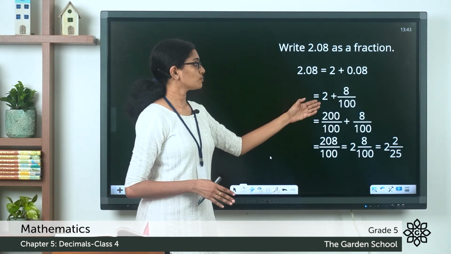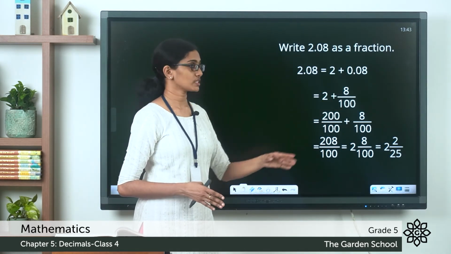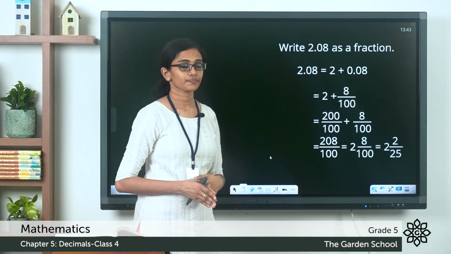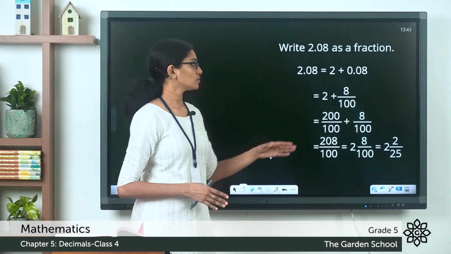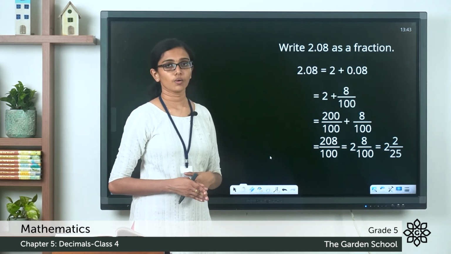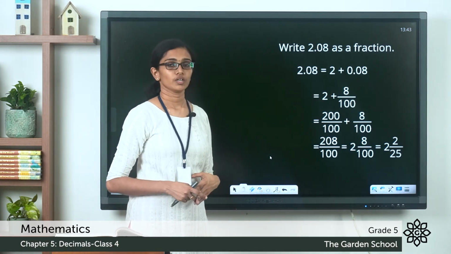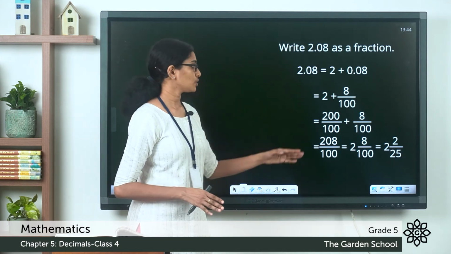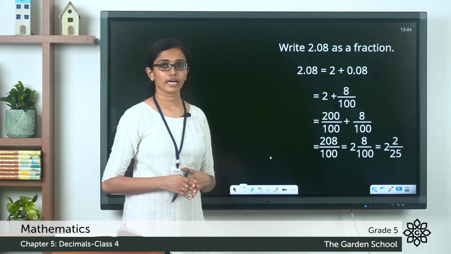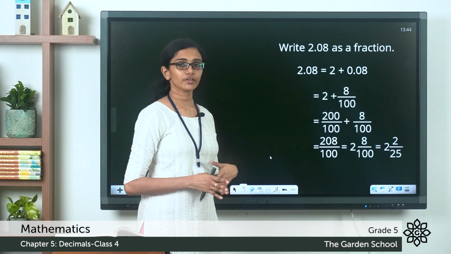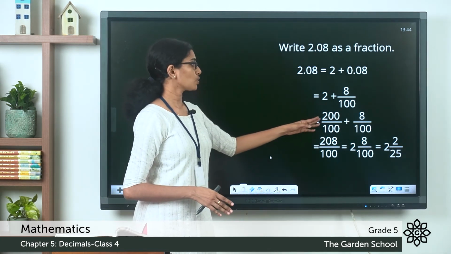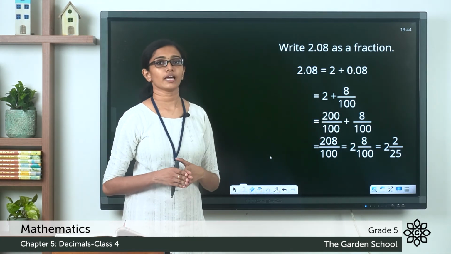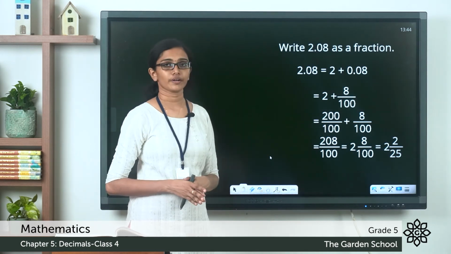So let's write 2 plus 8 by 100, which is equal to 0.08. See, you are adding a whole number and a fraction. So after taking the LCM and making the denominators the same, you get 200 by 100 plus 8 by 100 which is equal to 200 plus 8, that is 208 by 100.